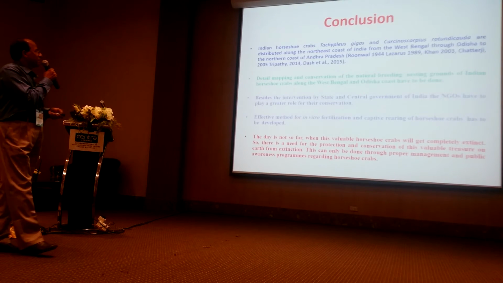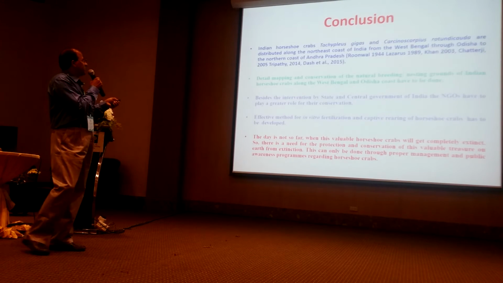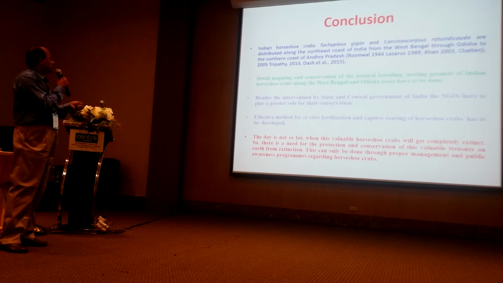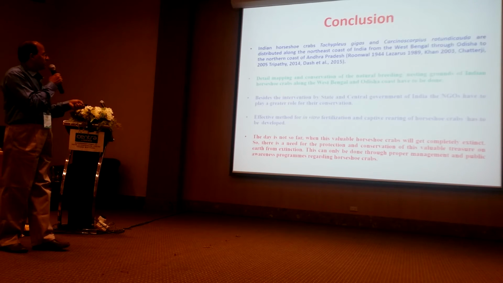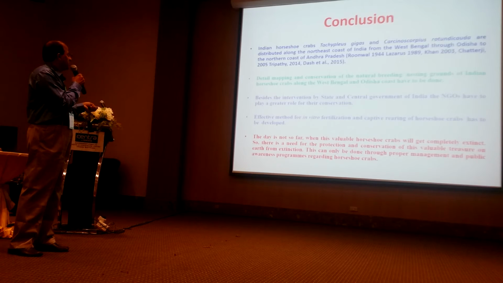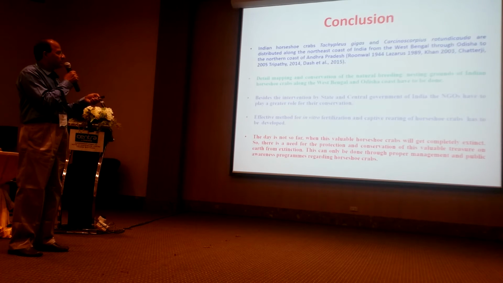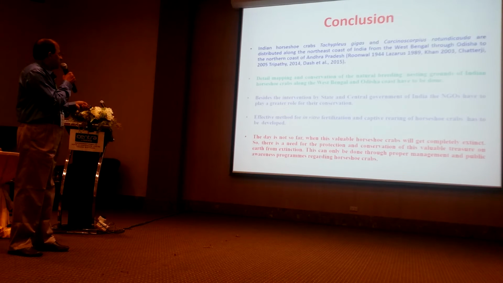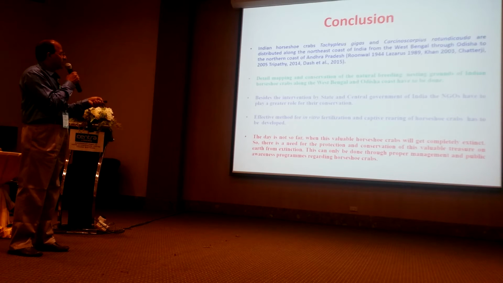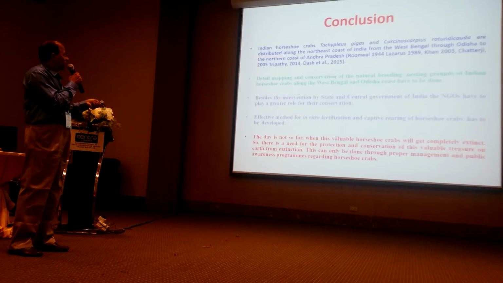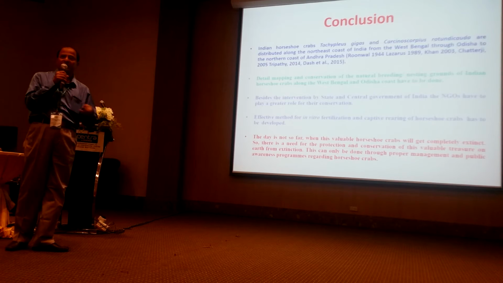So Indian horseshoe crabs are distributed in the northeast part. Detailed mapping and conservation of natural breeding and nesting grounds of Indian horseshoe crabs on the West Bengal and Odisha coast have to be done. Besides the intervention of states, the central government of India and NGOs have to play a greater role in their conservation.